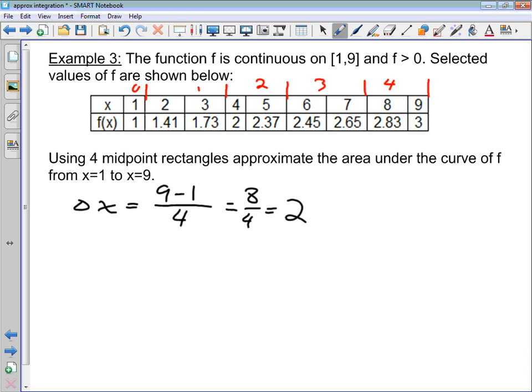So we can do the same sort of thing we did last time, is we can set up another little table here where we figure out what our midpoints are. We've got 4 intervals here. This table won't be exactly the same as the other one. So we've got 4 intervals, 1, 2, 3, and 4.